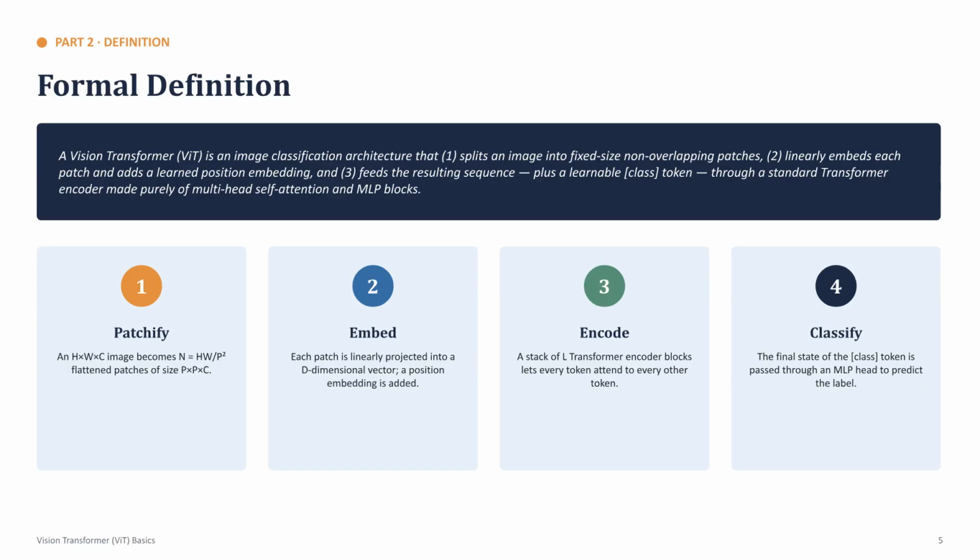Third, encode. A stack of L transformer encoder blocks lets every token attend to every other token. And fourth, classify. The final state of a special learnable class token is passed through an MLP head to produce the prediction. Everything we cover from here on is really just unpacking these 4 steps.